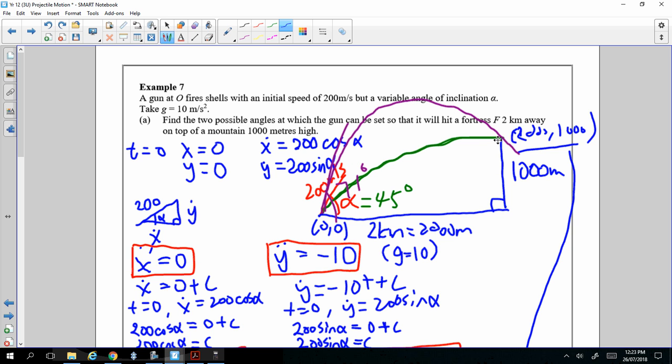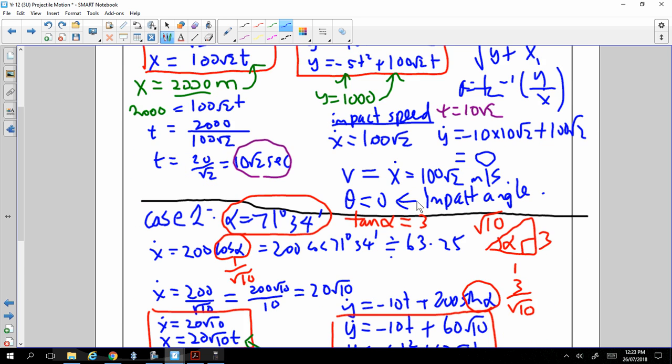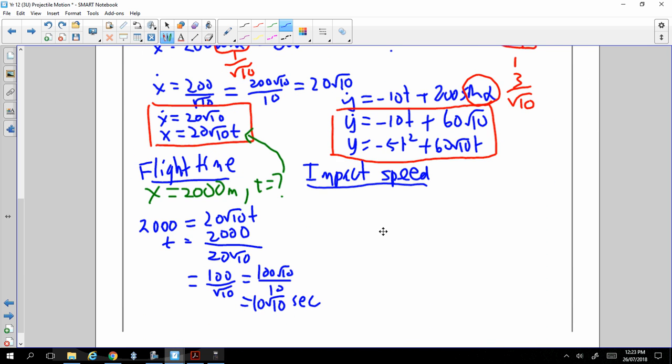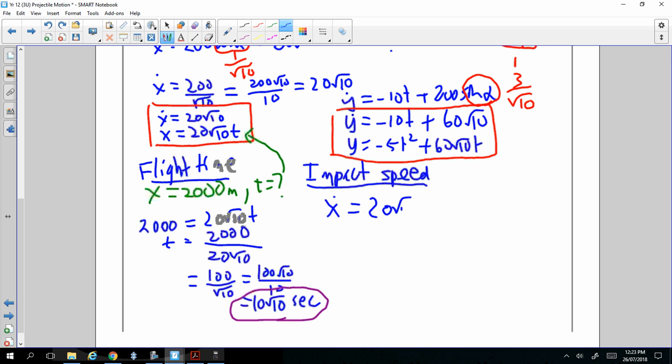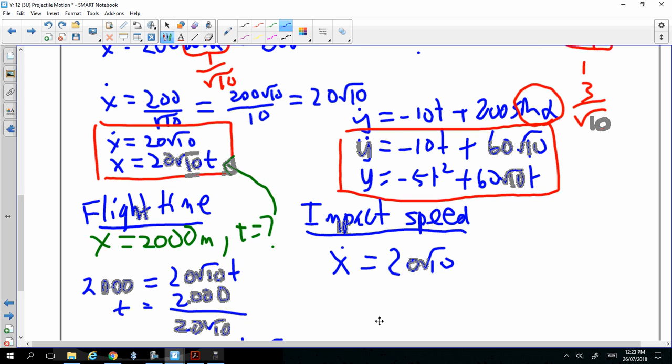And once we got the flight time, we can substitute back to find x dot, which is a constant, 20 root 10. And then the y dot, you have to substitute t equal to 10 root 10. So y dot will be negative 10 times 10 root 10 plus 60 root 10.